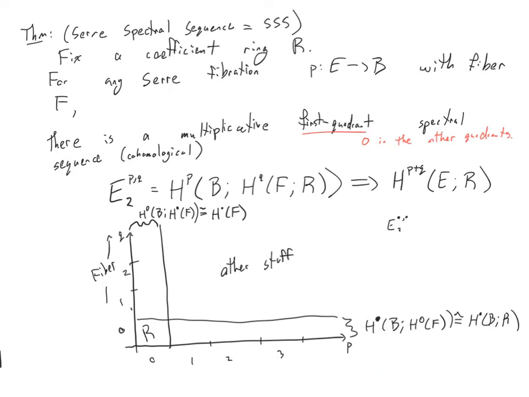And I do want to remind everyone that we get this in particular. Serre fibrations include every fiber sequence, so F to E to B. And just as an advanced mention, you can actually buff this up.